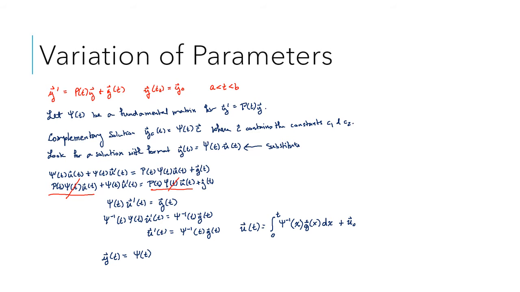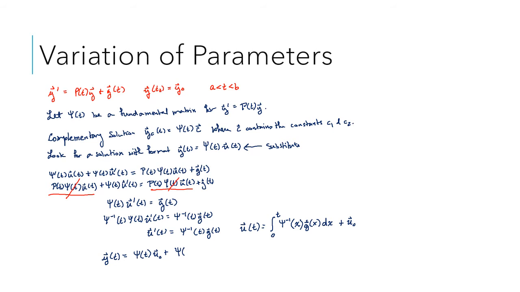Our constant matrix in this case is going to turn out to be u naught, plus our particular solution. So we're going to take this little u and multiply it by psi to get our particular solution.